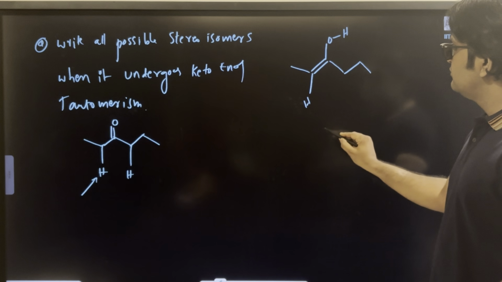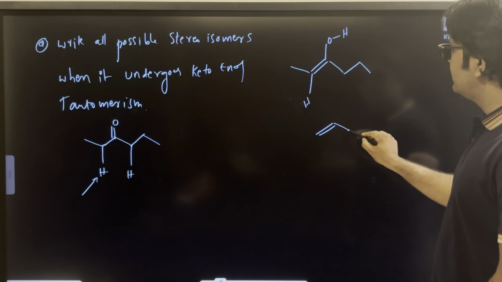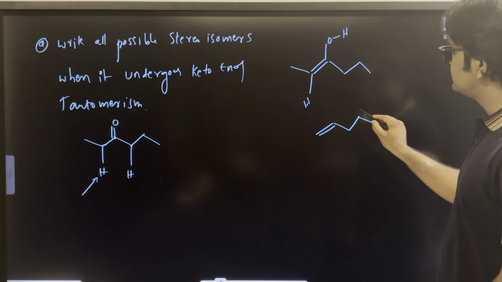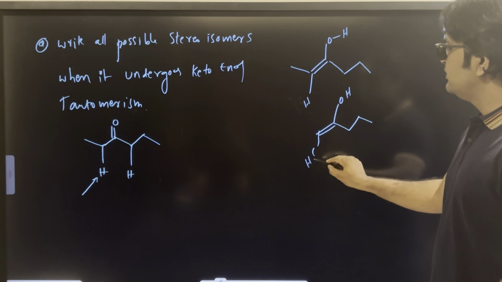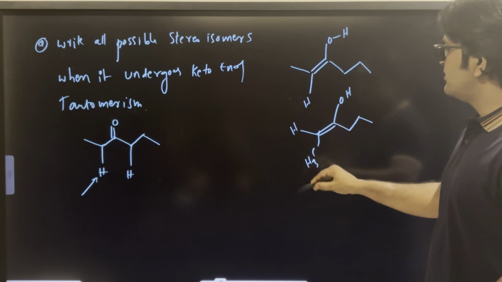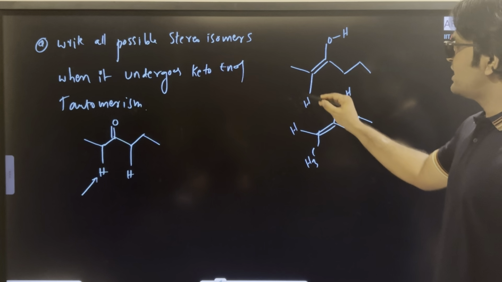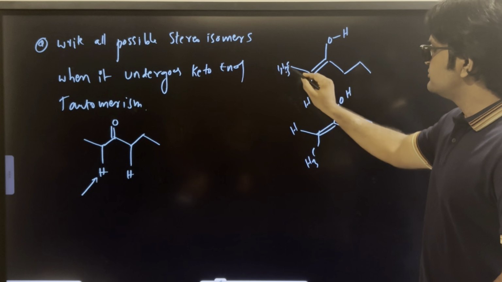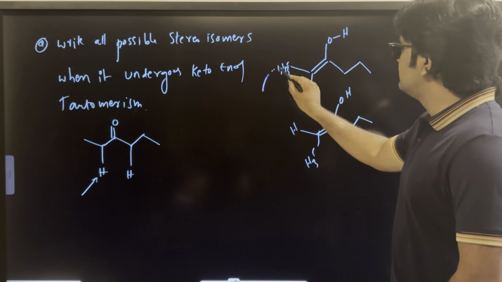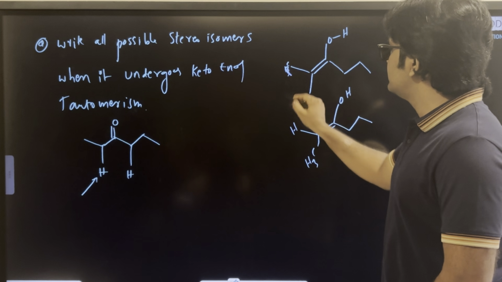Now the same thing you can represent like this: CH2, CH2, CH3. Again here the OH group, but here I am writing methyl downside and hydrogen upside. Same molecule, I am just changing the position of methyl and hydrogen. You are getting a new stereoisomer.